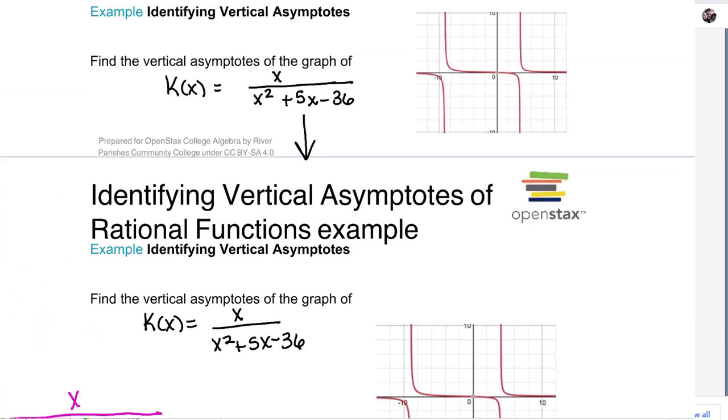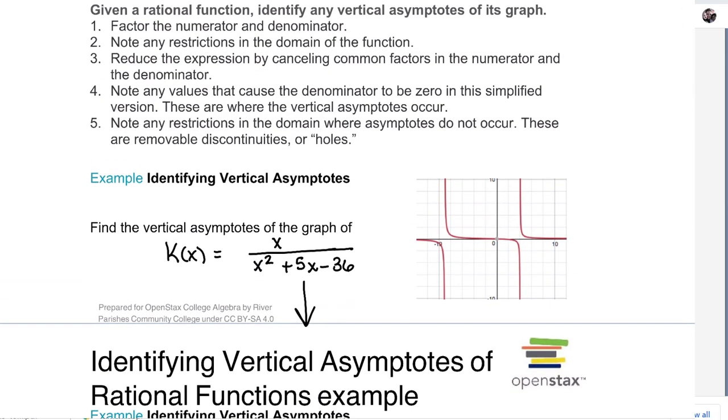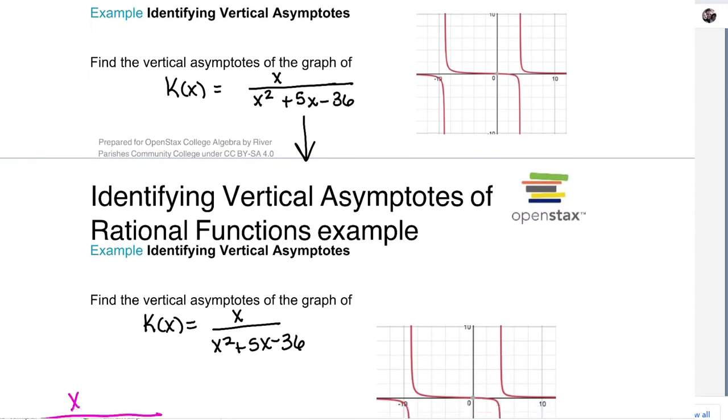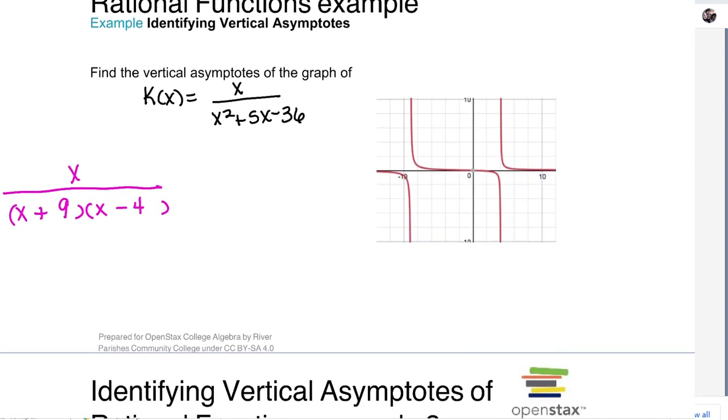Up here it says that if we cancel anything out, any restrictions in the domain where the asymptotes do not occur are removable discontinuities or holes. And you can see that we have x plus 9, and we set that equal to 0, and x minus 4, we set that equal to 0.